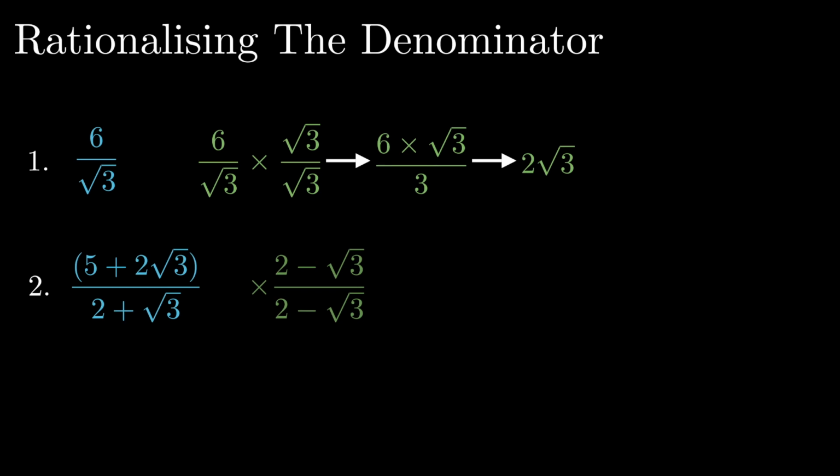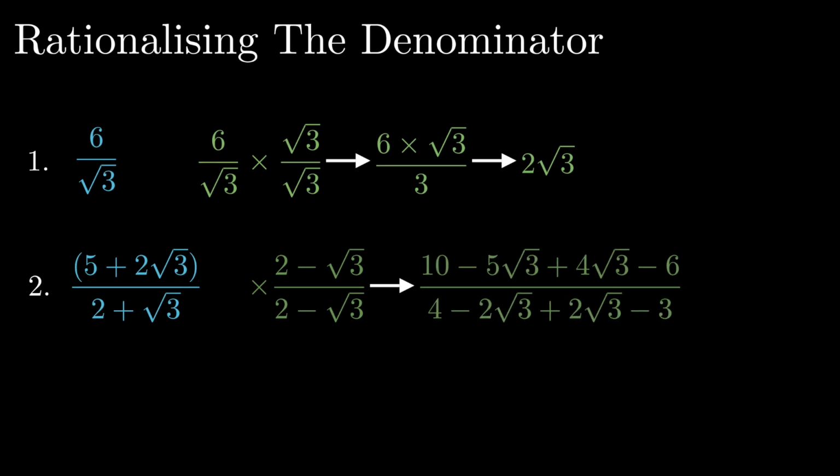So firstly, on the top we will do 5 times by 2, so we get 10. 5 times by minus root 3, we get minus 5 root 3. Plus 2 root 3 times by 2 is plus 4 root 3.